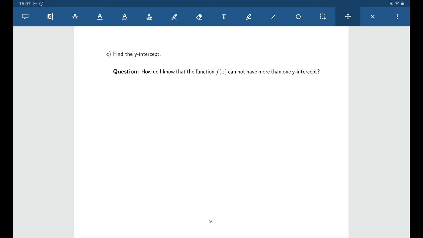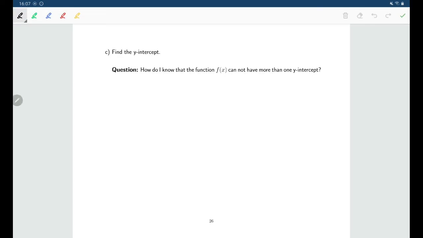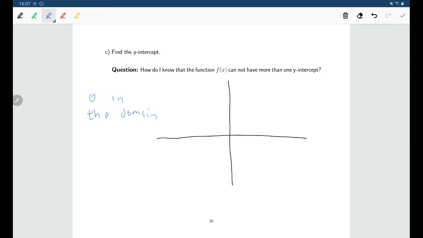And the reason why I know that there's only one y-intercept and why there couldn't be more would be, number one, the reason why there has to be a y-intercept is 0 is in the domain. That means that 0 as an x value could be put in, which means since it's a function, you will get one y value as a result.